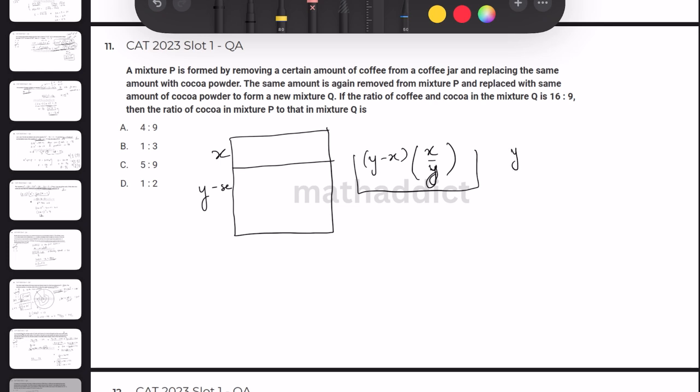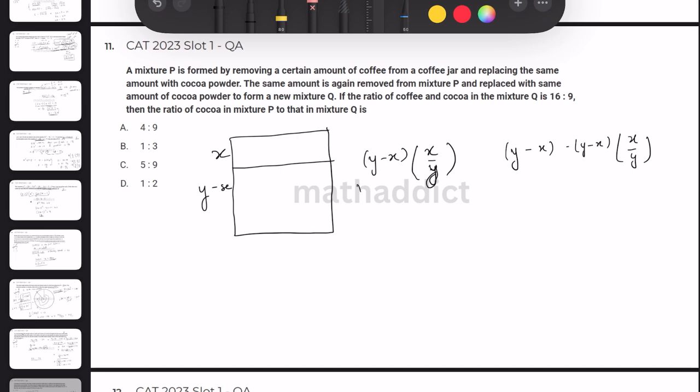So the y minus x, minus (y minus x) into x upon y, is the amount of coffee which is remaining in the coffee jar, because x upon y is the total fraction of the mixture removed from the jar.